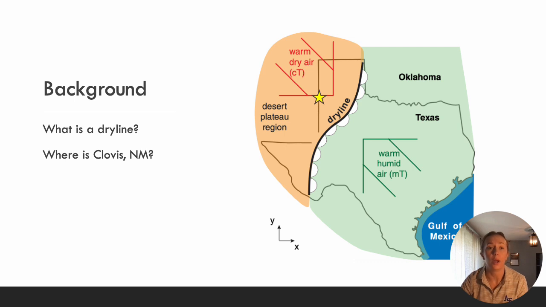All right, so what is a dry line? So dry lines are boundaries that essentially separate a very moist air mass from a very dry air mass.